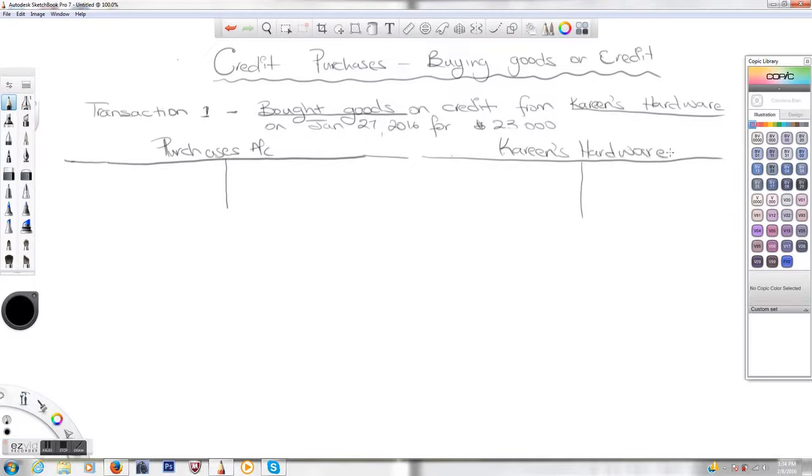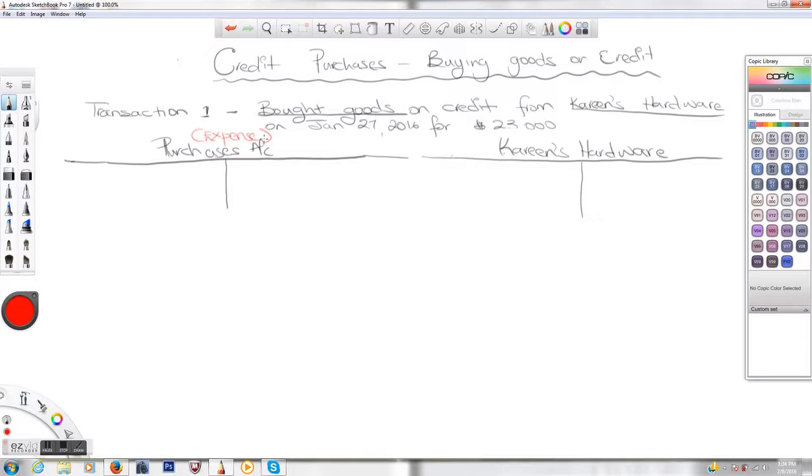Now, the next thing is we try and identify the category of accounts that both of these accounts belong to. Since we just watched the cash purchases one, we know that the purchases account is an expense. Kareen's Hardware in this scenario, you might be wondering, so let's just think about it together.